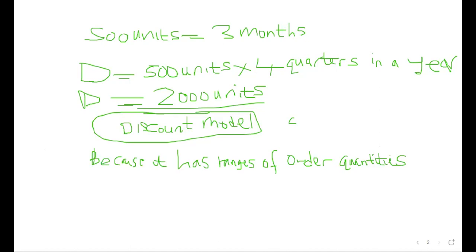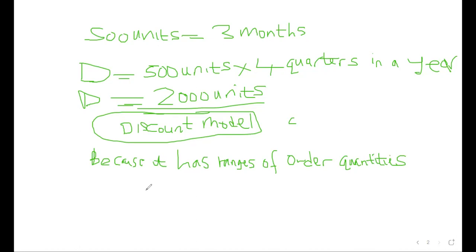This is just about what we are looking at now. Can we take advantage of the discount? So meaning the number of units that we are buying, can we take advantage of a discount depending on the purchasing power? In fact, this one is very, very practical in business, that sometimes the suppliers will give you a discount based on the number of units that you're going to purchase. So should you buy more and should you take a discount?